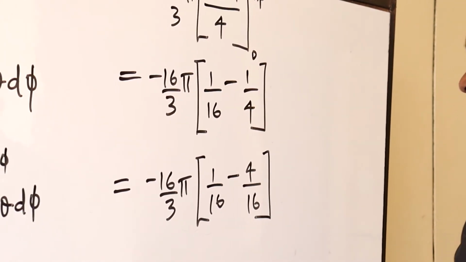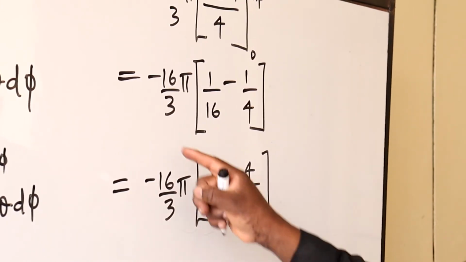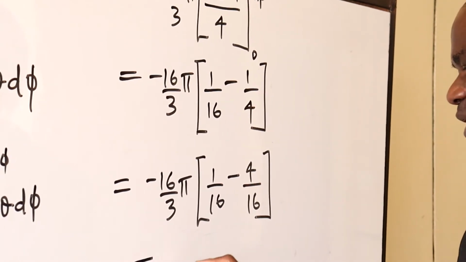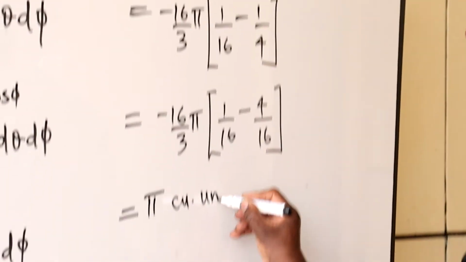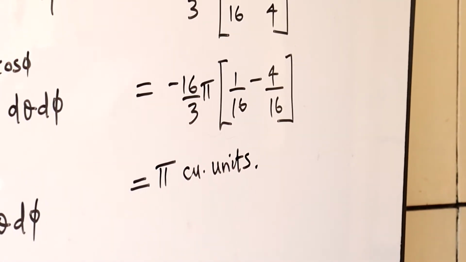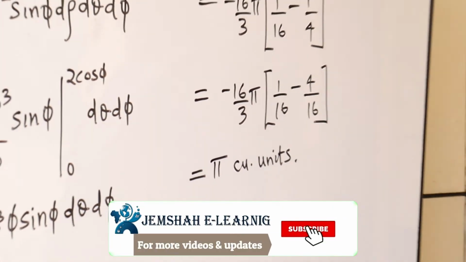So minus 3 goes with that, 16 goes with that, which is equal to pi cubic units. And that's the volume of the said solid.